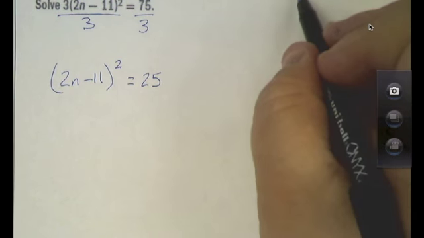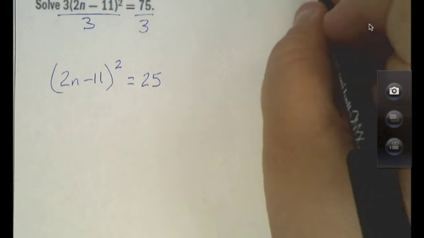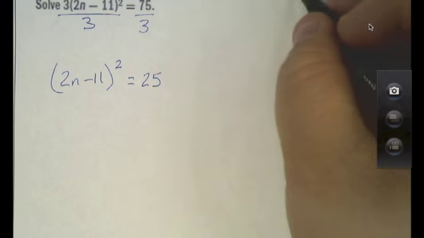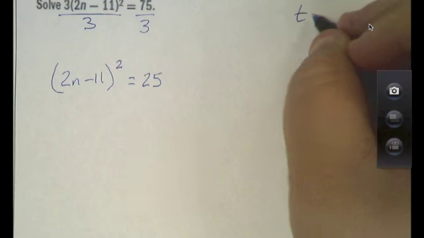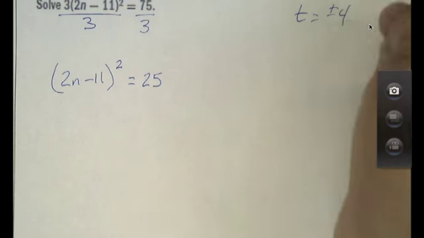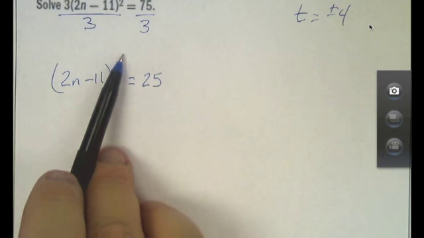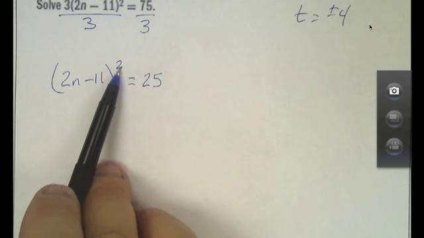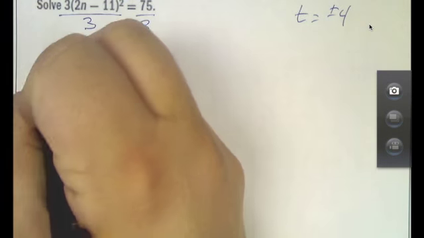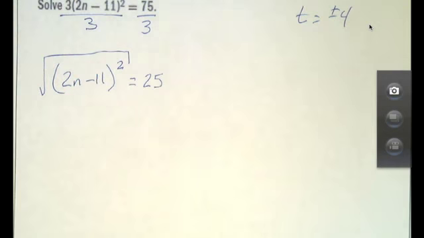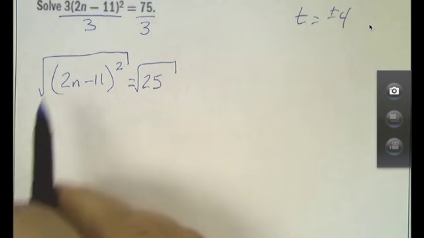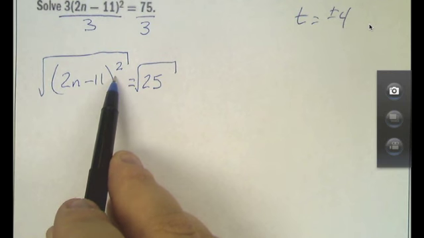Okay? Now, just like we do a problem like this, the inverse, to get t from t squared, we take the square root. Do it to one side, do it to the other, gives us plus or minus. To get rid of this squared, we have to take the square root. Well, whatever you do to one side, you have to do to the other.